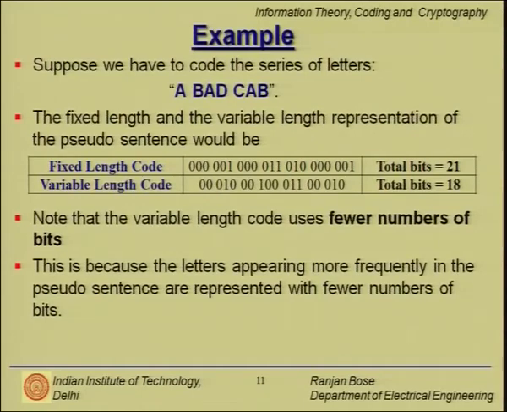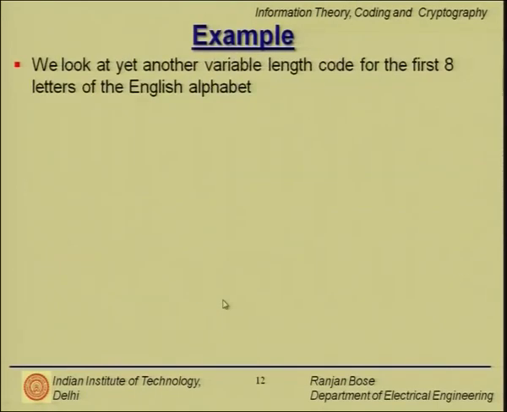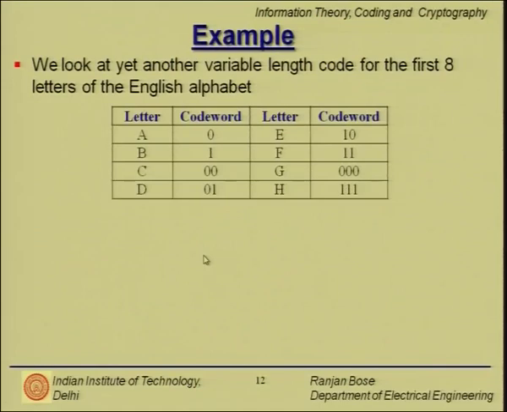Okay. So, we get back to this example of a bad cab, right. Let us try another possible variable length code. Here we are trying to be more aggressive.